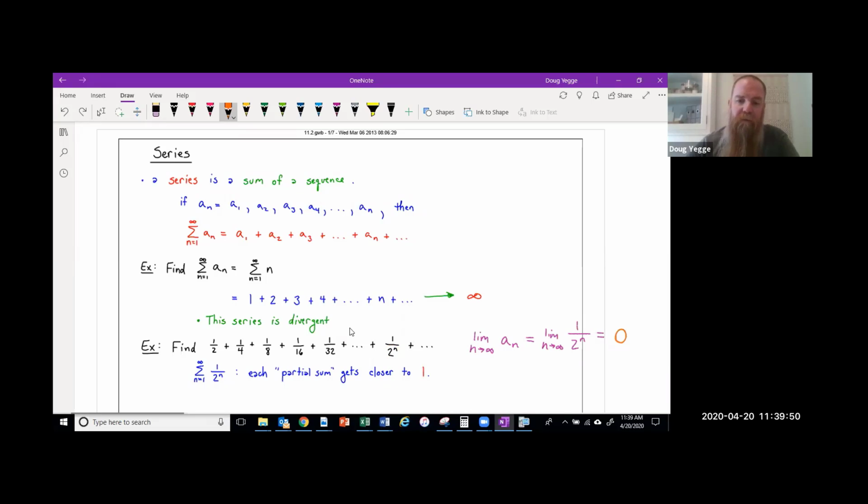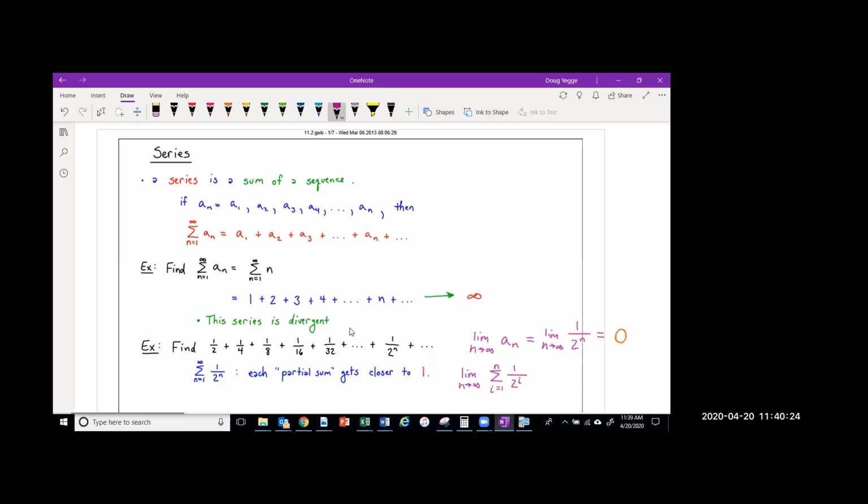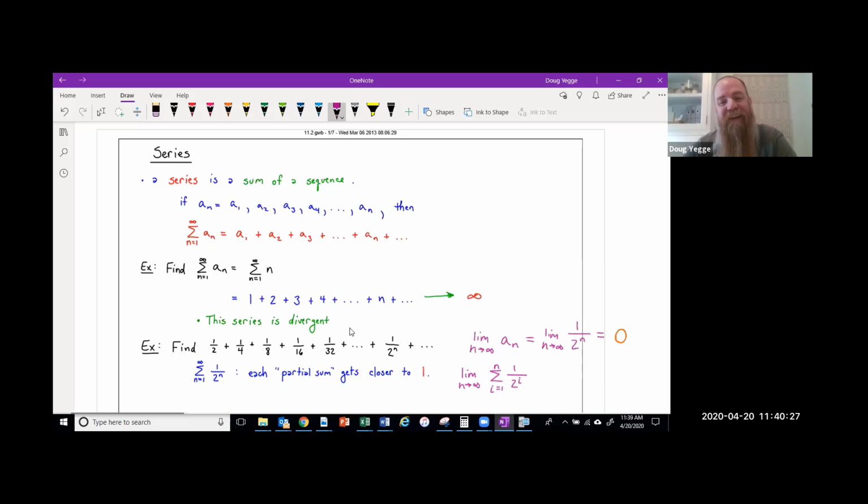But that's a lot different than the limit of the sum. If I were to take a look over here and say, what's the limit as n approaches infinity of the sum from I equals 1 to n of 1 over 2 to the I, I guess we should probably relabel this index as I. Isn't this what we did for an integral?